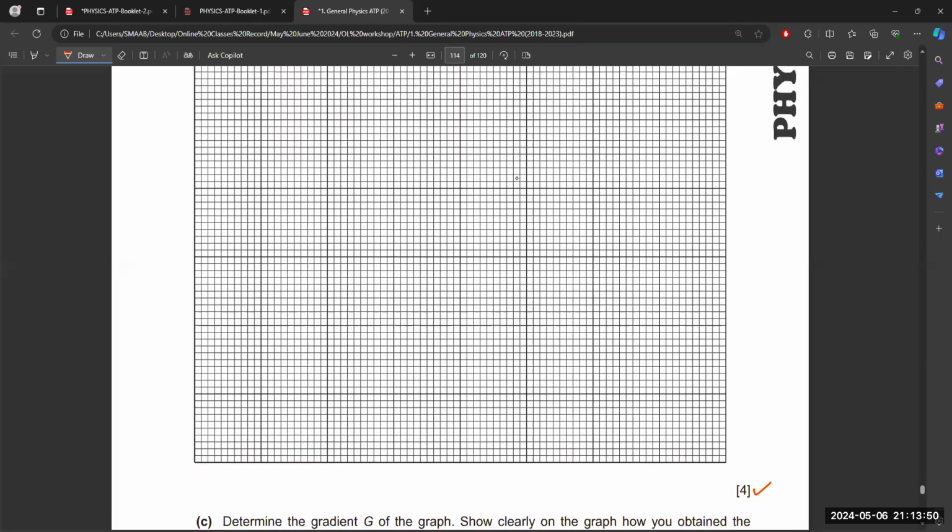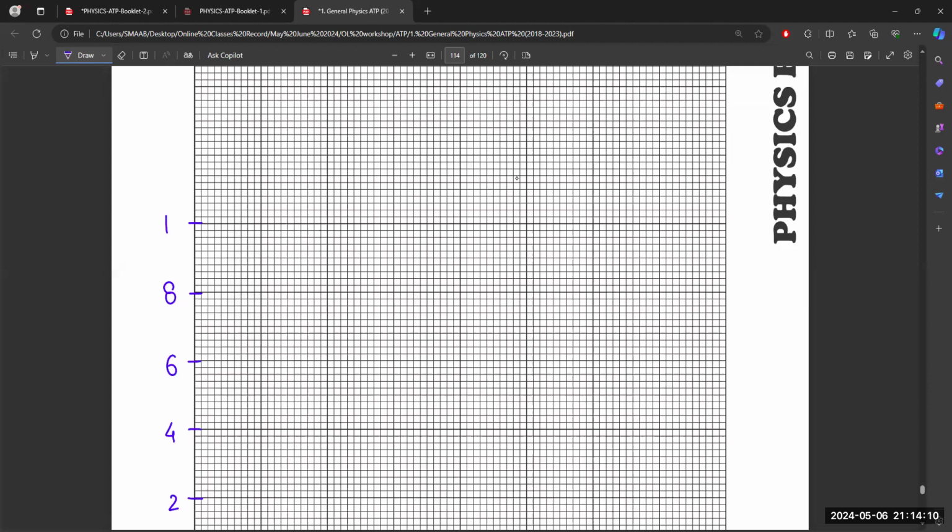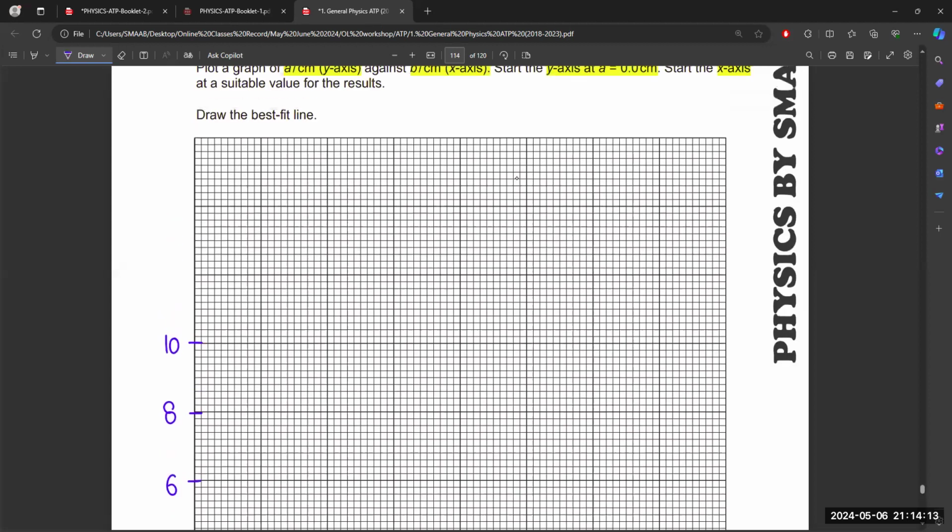So if you mark 2 over here, 4, 6, 8, 10, 12, 14. If you are marking like this, you will easily get 15 on your graph.